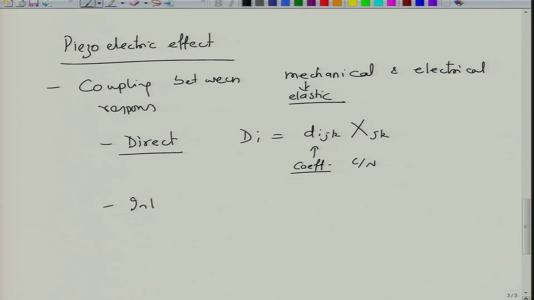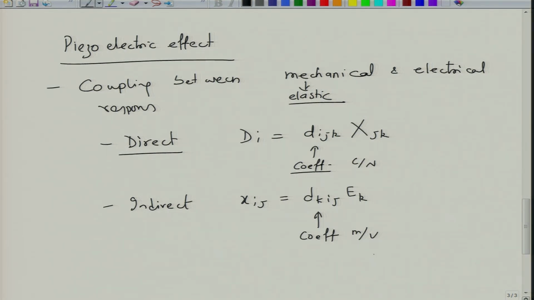And then we have the indirect effect, where we relate the strain with respect to d k i j, and your stimulus is basically the electric field. This is your indirect coefficient, which is essentially in meter per volt, alright, and this is strain.